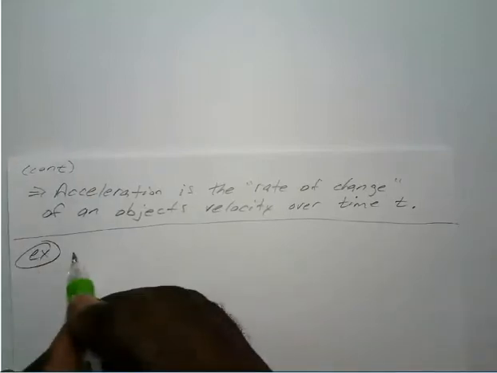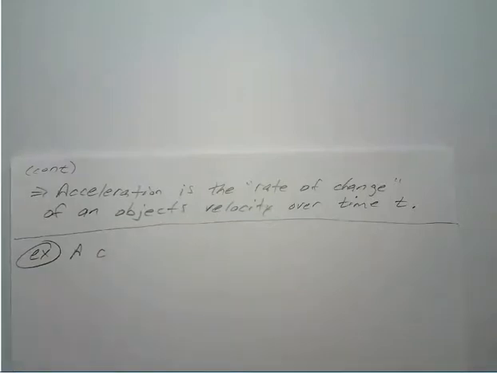For example, I'm sure you've all seen the commercials where they say this car goes from 0 to 60 in 4.5 seconds. That's basically your acceleration. It's showing the rate of change of the velocity.